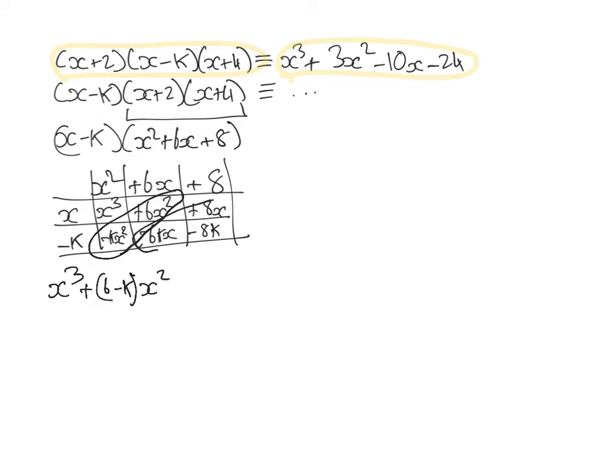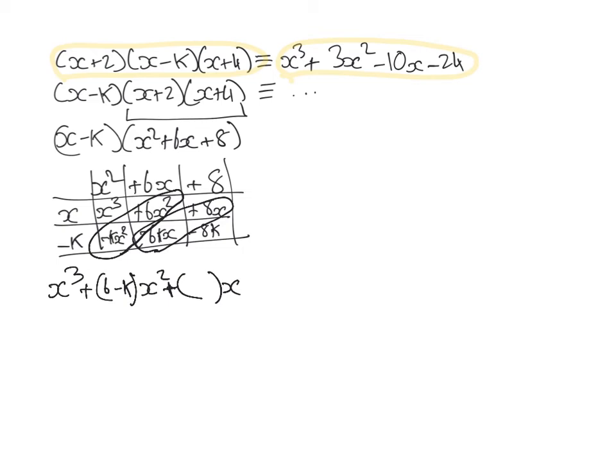Next thing we do, same thing with this other one. This is going to be an x term, so we're going to have an x term here, and we're going to have a coefficient here. Now we'll put a plus here. So we need to see what goes in here.